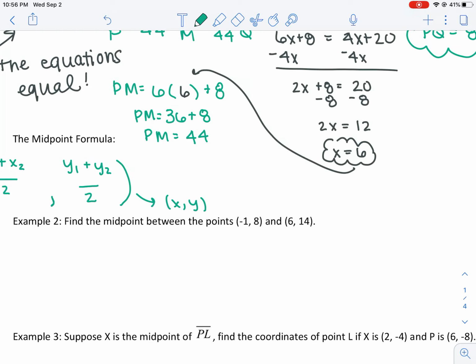So if we wanted to simplify it, so we don't have to remember x1, x2, all that jazz, I can say add x coordinates and divide by 2. Okay, so that's how I get my x coordinate for my midpoint. And then to get my y coordinate for my midpoint, I add y coordinates and divide by 2.